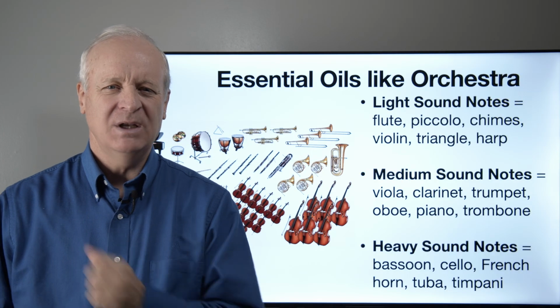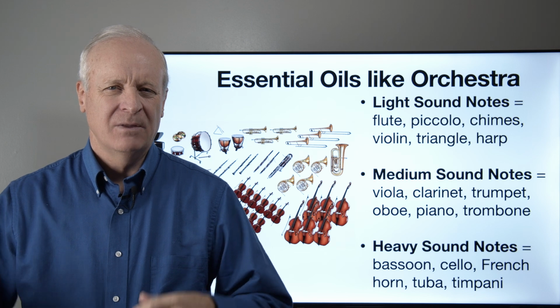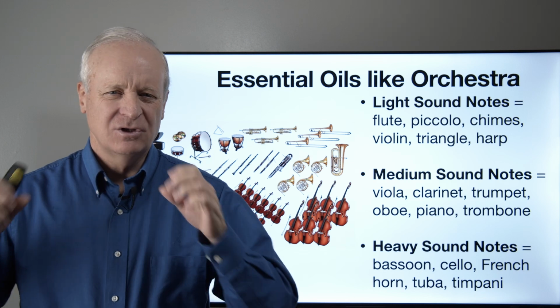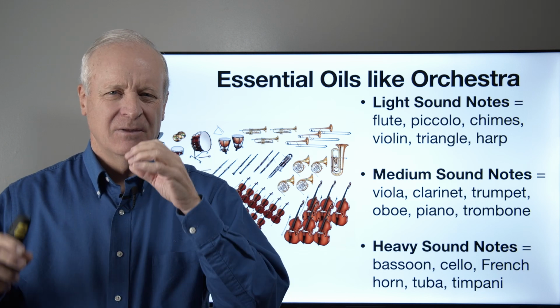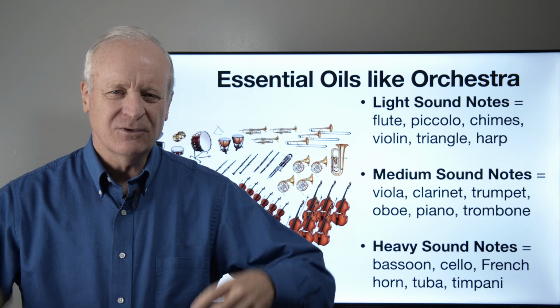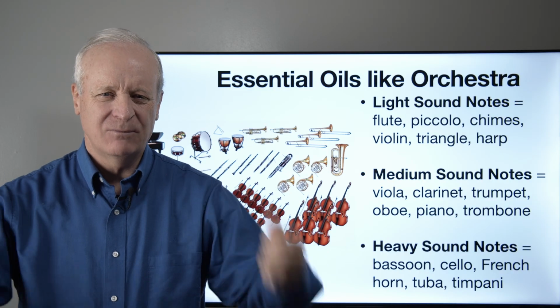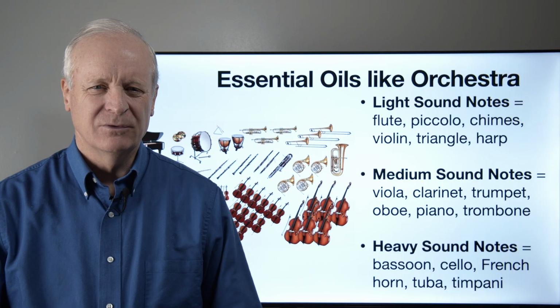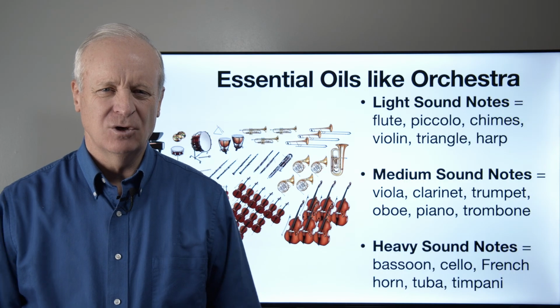And then there's the medium type notes. There's the viola and the clarinet and the piano and also the trumpet. These are dynamic instruments. They have wonderful sounds, medium sounding notes.